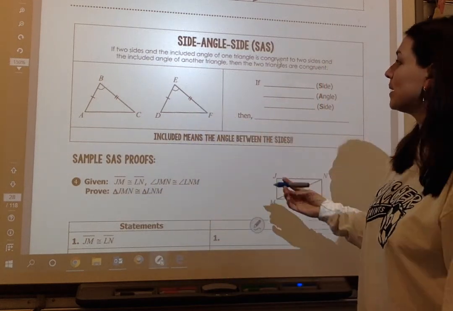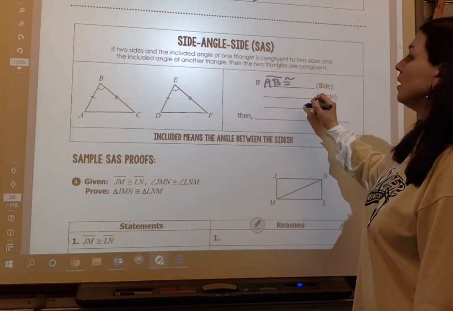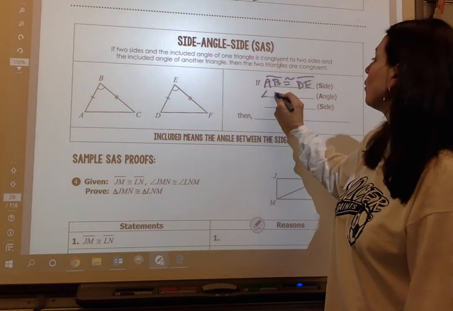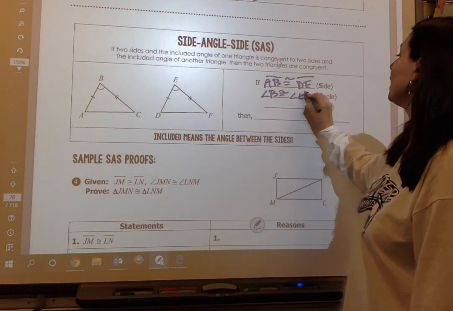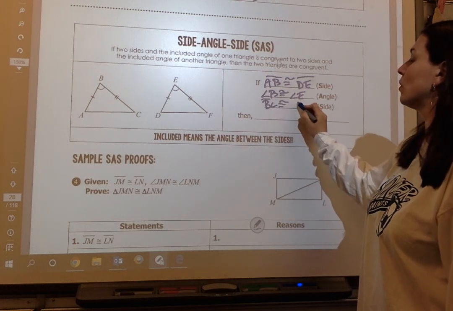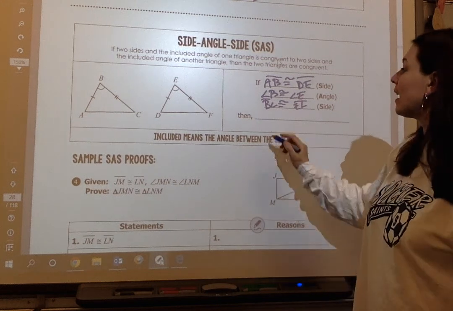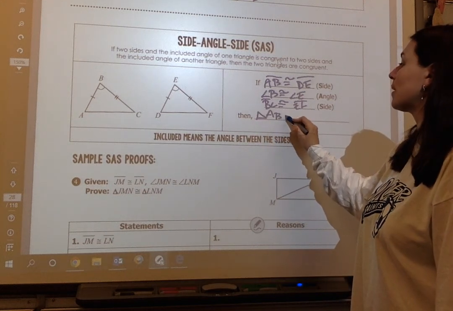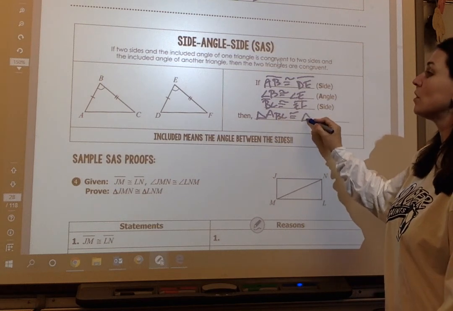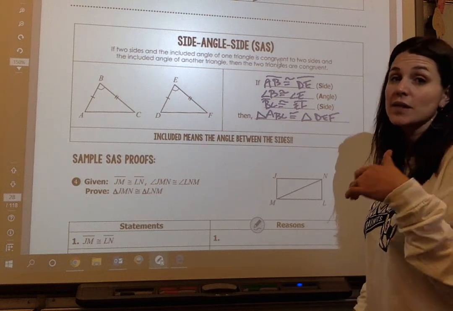So if AB is congruent to DE, and I know that angle B is congruent to angle E, that's my angle that's included, and if I know BC is congruent to EF, then I can make my Big Daddy statement and say triangle ABC is congruent to triangle DEF. And I can do that because of side, angle, side.